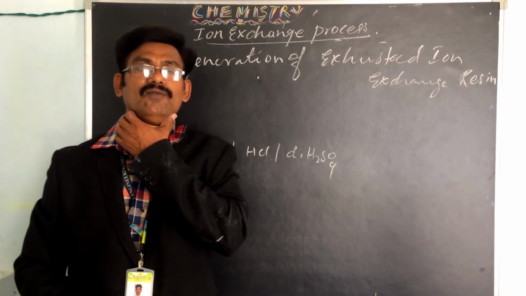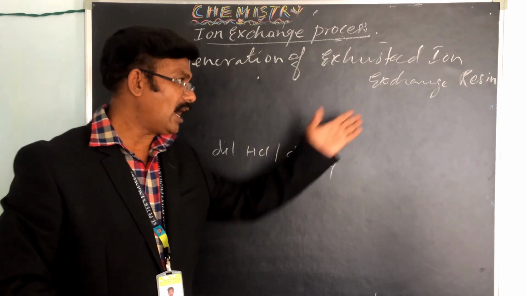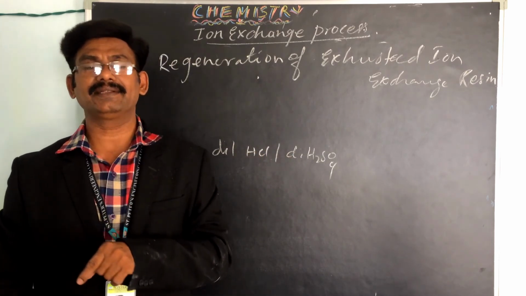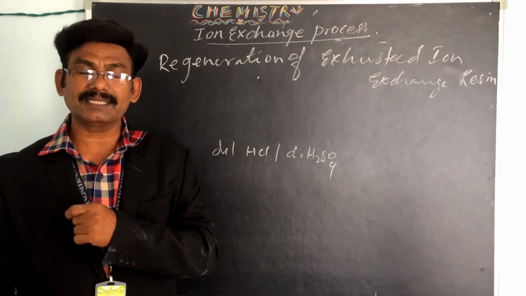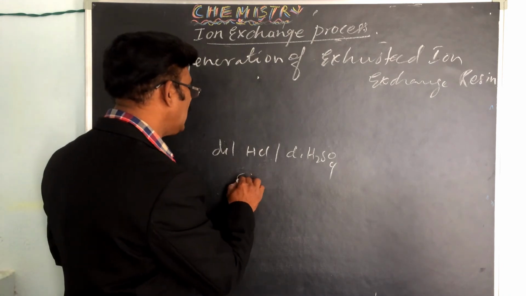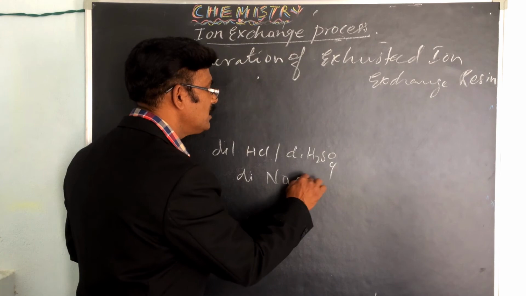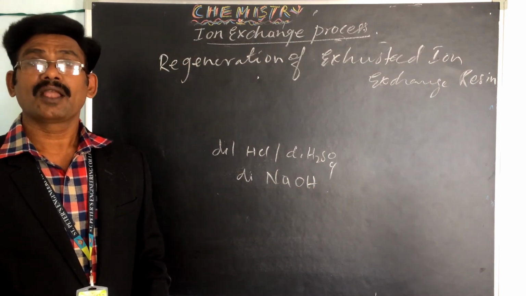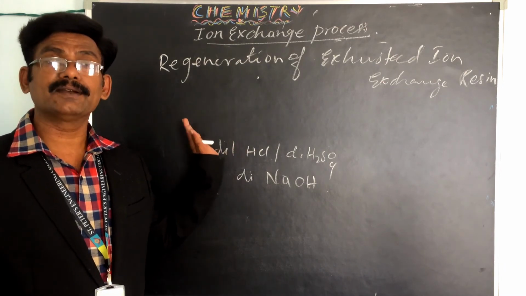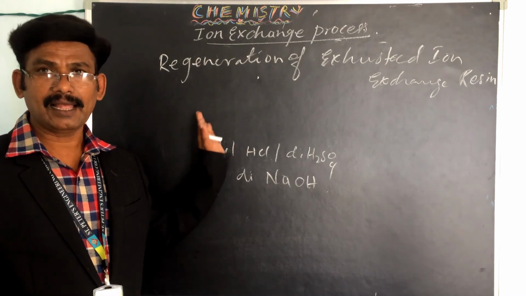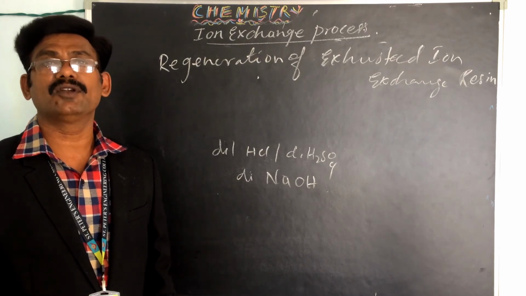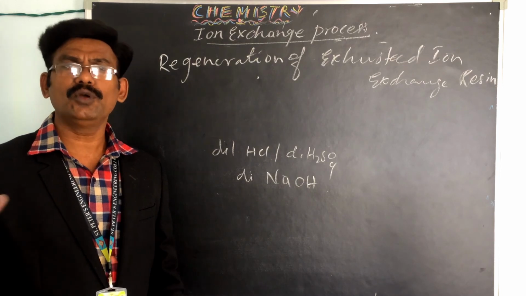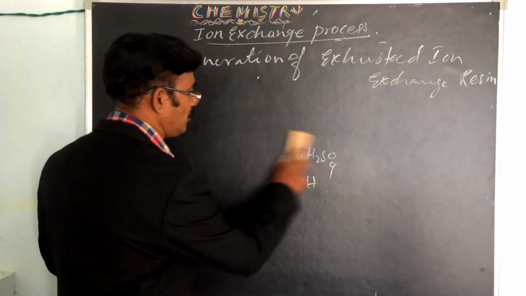While for the other one, the anion, the regeneration of exhausted anion exchange resin column is possible by passing a solution of dilute NaOH. So these are the two tanks. One tank is arranged with HCl and another one with the base. So here the reaction is important. So we have to write the reaction.